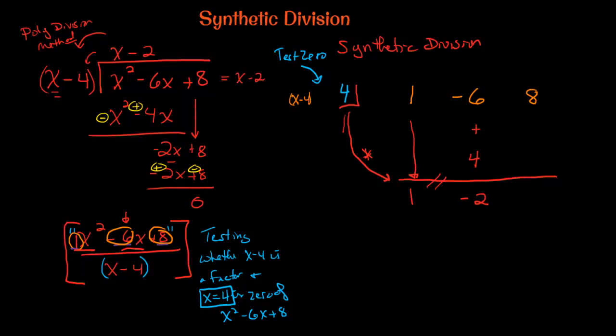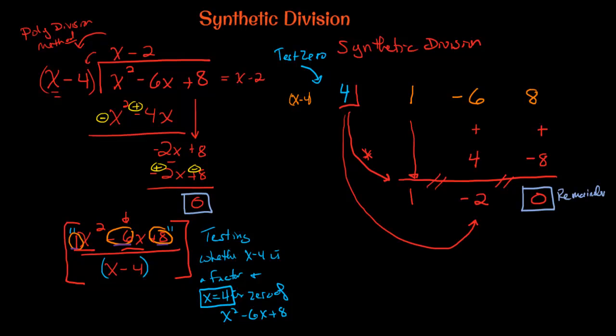Doing this again, we're going to take our 4 and multiply it times the negative 2, and that's going to equal negative 8. And then we always add our columns. 8 minus 8 gives me a value of 0. So this 0 is our remainder, just like this 0 was over here.